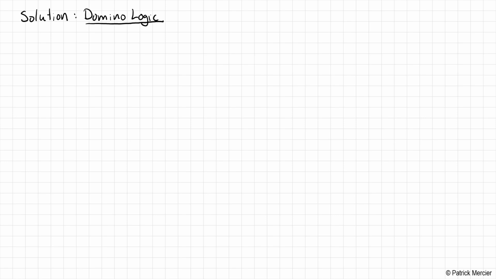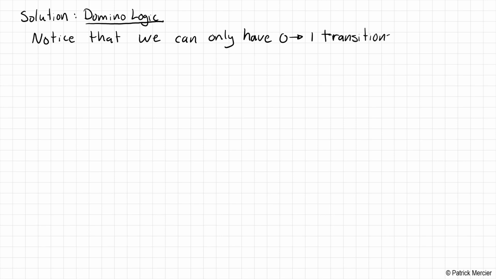Okay, so how does this work? So first we notice that we can only have zero to one transitions at the input to our dynamic logic gates, and we only have 1 to 0 transitions at the output.